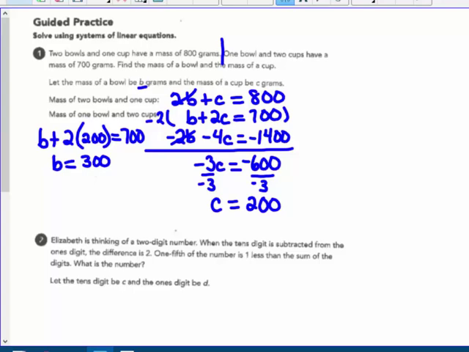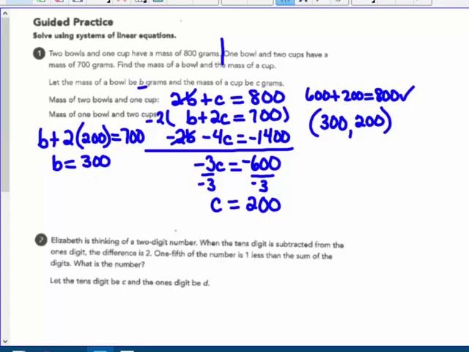Find the mass of a bowl and the mass of a cup. So let's check this. 2 times 300 is 600. So 600 plus the cup, which is 200, that does equal 800. So I want to check first, and now I can answer it. That it's 300 for the bowl and 200 for the cup. That's what the solution is.